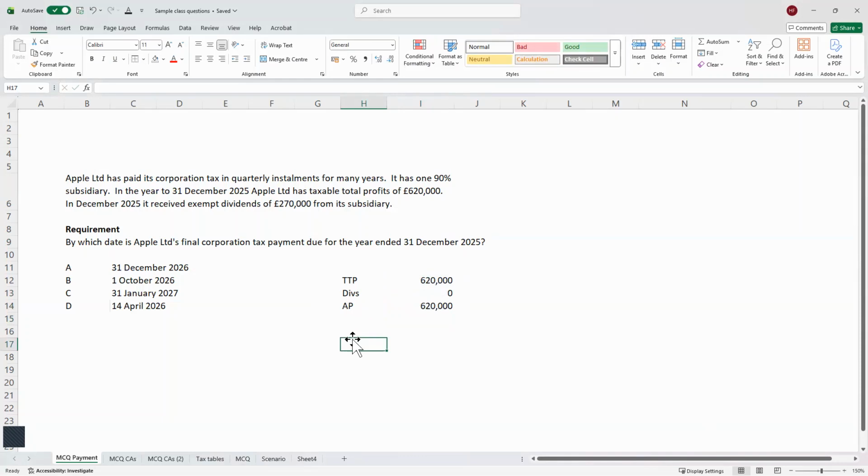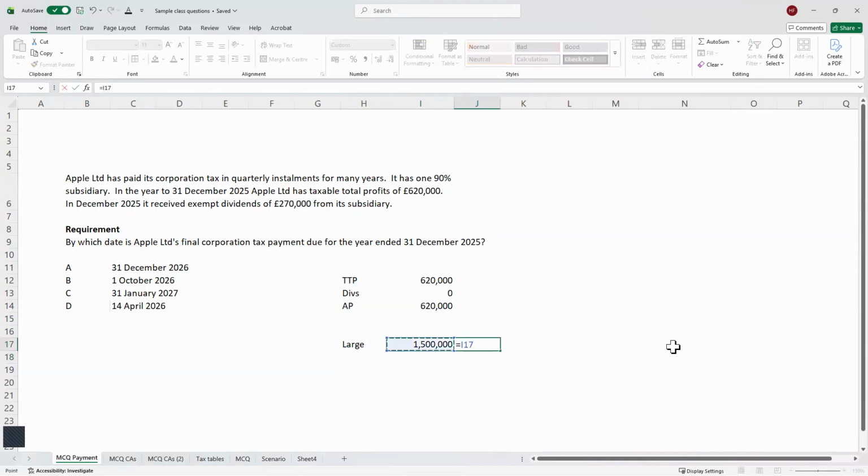And we know for the profit limits that this company will be large if its augmented profits are above 1.5 million. So you might look at this and think, so they're not large as the profits are above 1.5 million, but we need to remember we need to adjust the profit limit for any other associated companies in the group, or if it's an accounting period that is not 12 months. So we do have a 12-month accounting period here, but we know we've got one 90% subsidiary. So we did need to divide the limit here by 2.